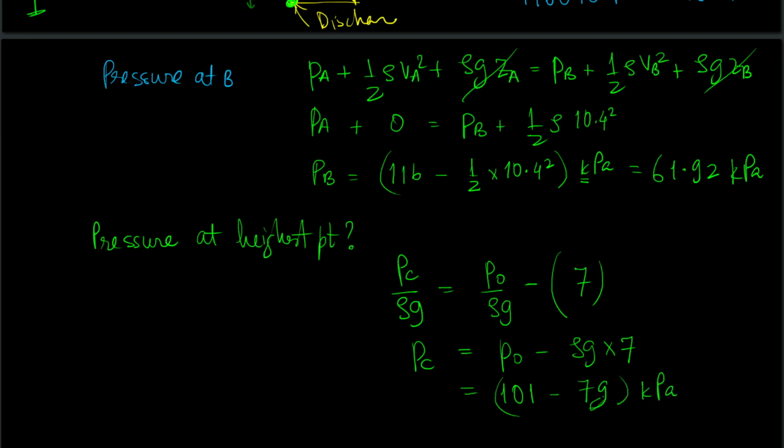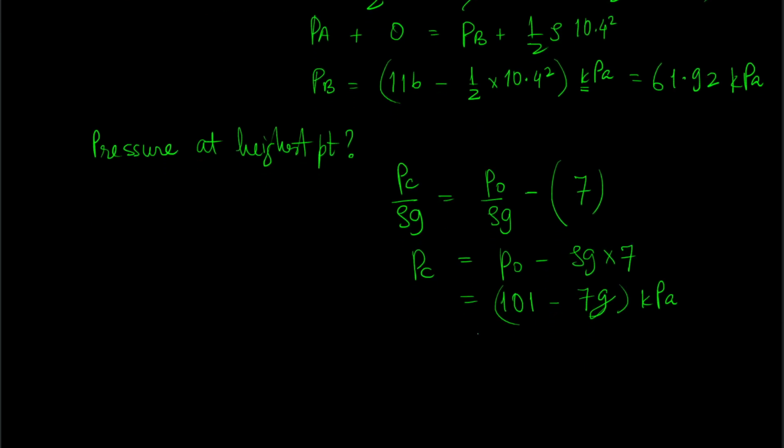I suggest you not do this kind of ad hoc calculation, but actually put in the exact values. I'm just doing it to save some time. This comes out to be 32.33 kilopascal. I've used rho as 1000.